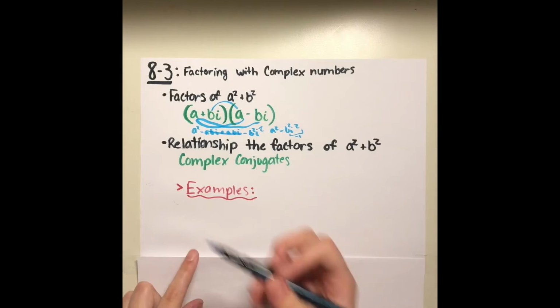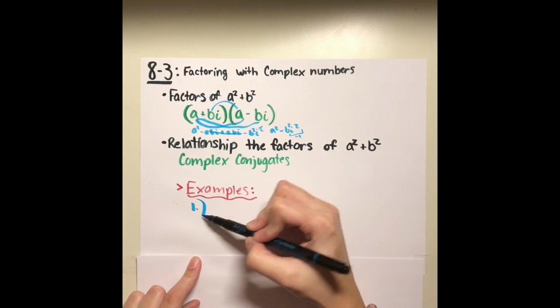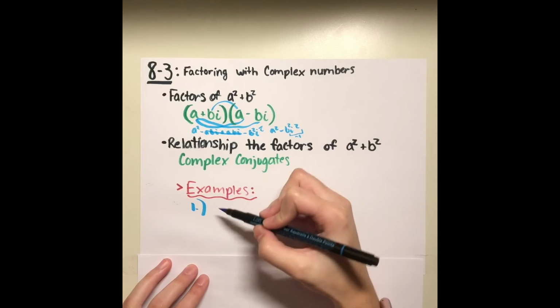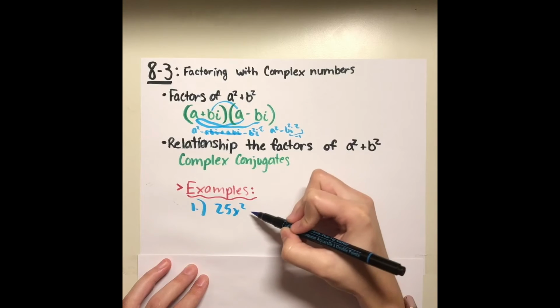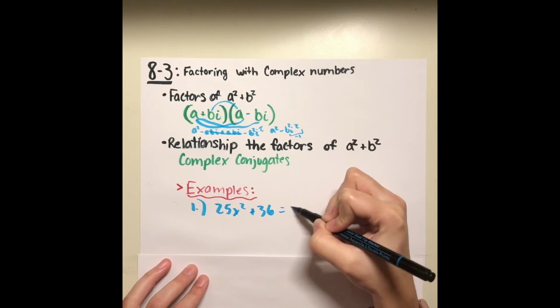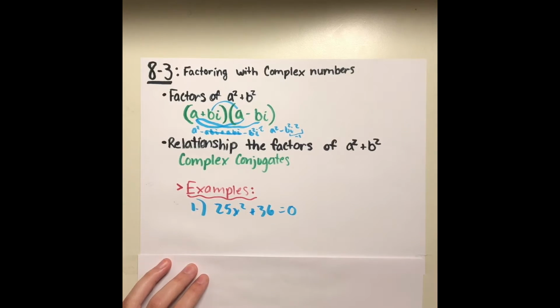If I gave you an example of, let's say, 25x squared plus 36 equals 0, looking ahead, you can see that these two terms can be square rooted: 5 times 5 equals 25, 6 times 6 equals 36.